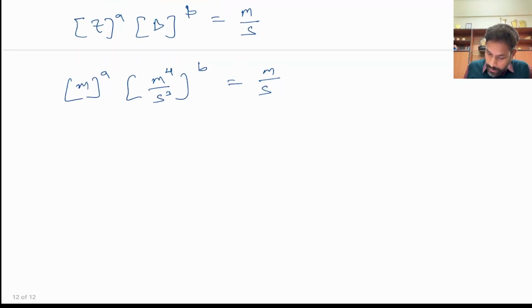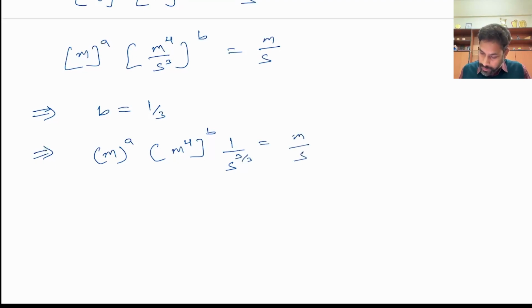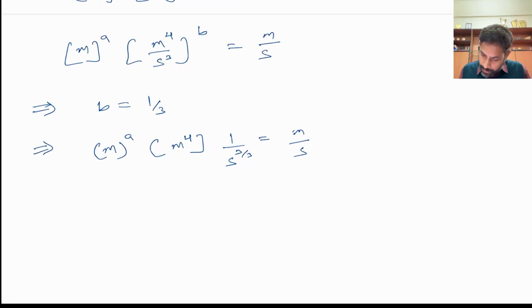So equating this actually means that b must be equal to 1 by 3, so that it balances the second, and then that gives us m to the power a, m to the power 4b, where 1 by 3 has been already taken care of, and here b should be equal to 1 by 3.